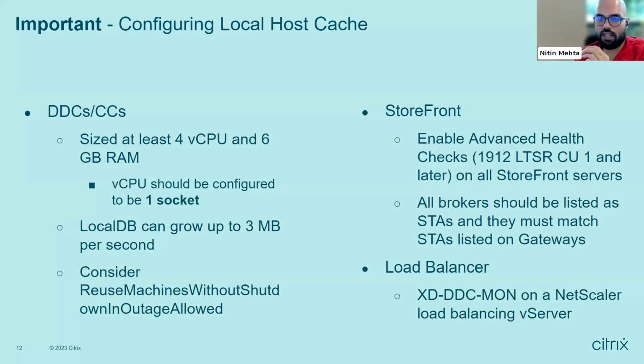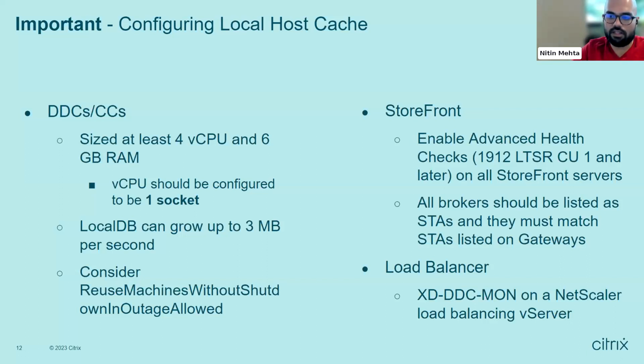The only thing that we are asking you is make sure that you've taken care of some of these considerations, like you have sized your environment right, you have not over-deployed the number of VDAs that you should have in a specific zone or resource location, and you have good things like advanced health check and settings on the NetScaler set up so that when LHC does kick in, there is no disruption at all, and you are configured right for LHC to function well.